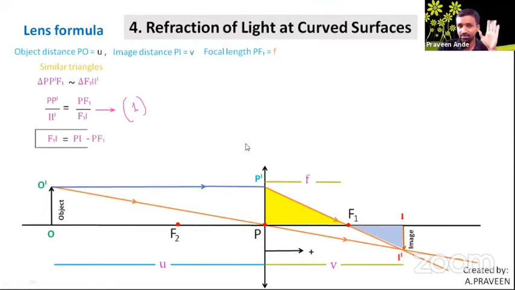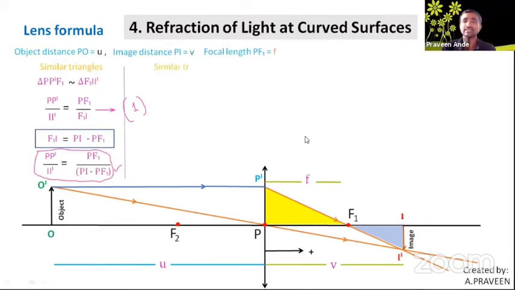This one is highlighted in a triangle. So let me substitute that in equation 1. We will write PP' by I' equals PF1 by PI minus PF1.